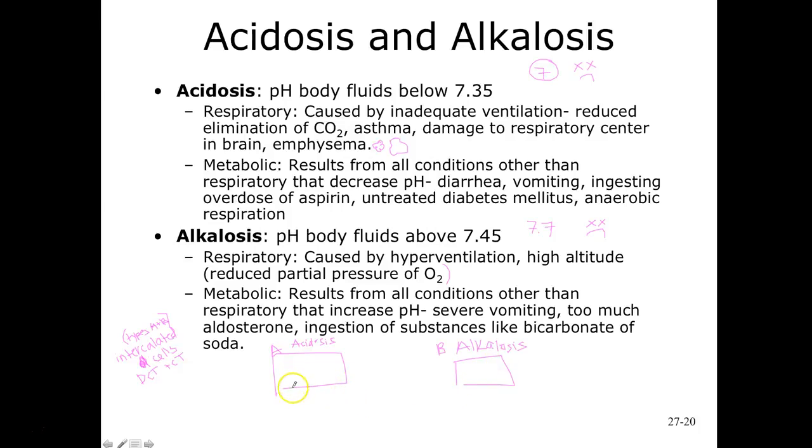What's cool about these cells is they work differently depending on whether you have acidosis or alkalosis. Type A is going to reabsorb bicarbonate ion and potassium, and we are going to secrete our hydrogen, right? And then with alkalosis, we're going to do the exact opposite.